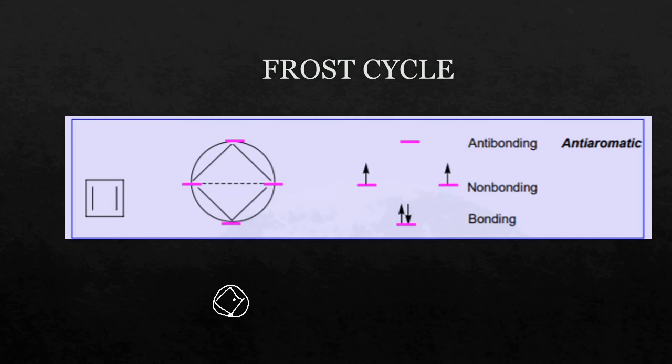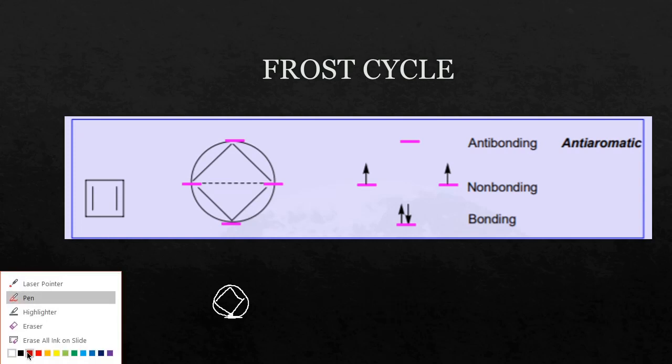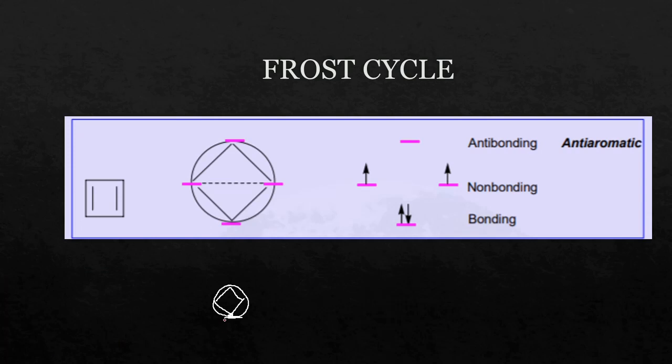So if we try to put cyclobutadiene inside the circle, it will look like this in the circle. Now each point that touches the circle corresponds to an energy level, and after drawing this we need to input the electrons.